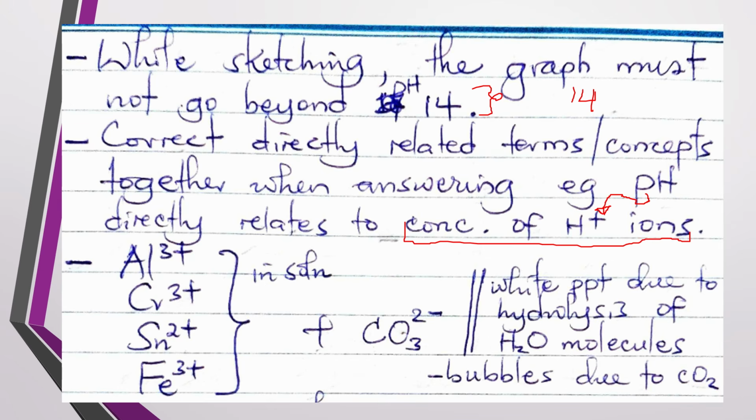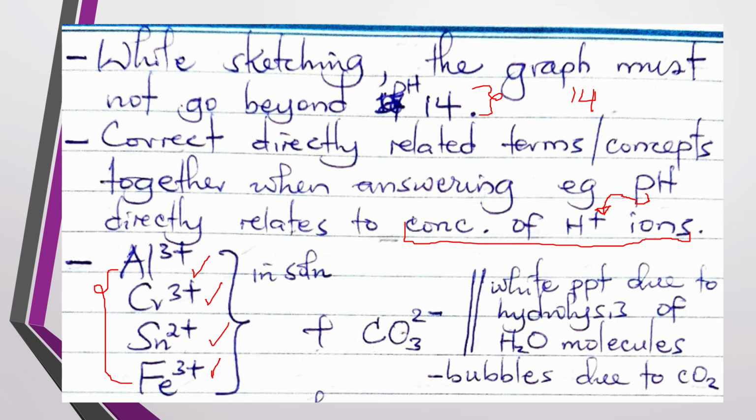Now, if you look at some of the components that undergo hydrolysis, we have aluminium, chromium, iron 3 ion, and sometimes tin. Remember that salt hydrolysis takes place because the cations have small ionic radii and high charge densities that enable them to distort the anions they're attached to.